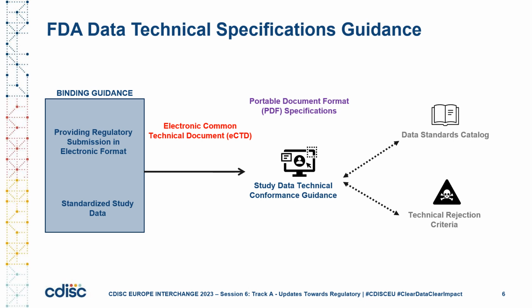And last but not least, this is a very specific skill set. There is a different unit handling the electronic common technical document, but as a data submission specialist, as the one creating these packages, we need to be aware of at least a number of requirements from the electronic common technical document, such as, for example, how to name files. There are a number of restrictions on, for example, the length and the type of characters that we can use in naming files.